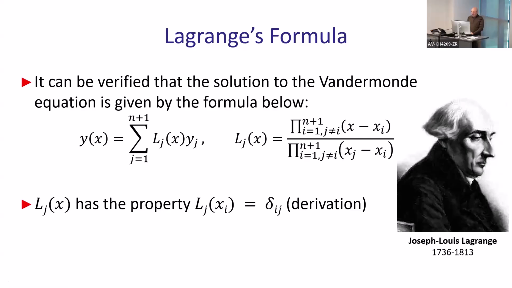The Kronecker delta is 1 when i equals j and 0 otherwise. So it's always 0 for all of these points except when i equals j. So L_j(x_j) will be 1, but for any other red point, it will always be 0. We build that polynomial in such a way that this will be the case.